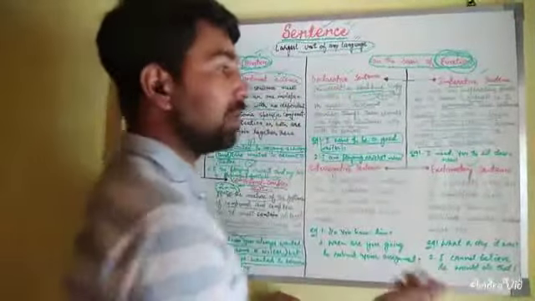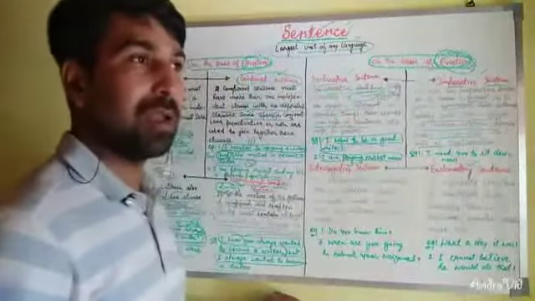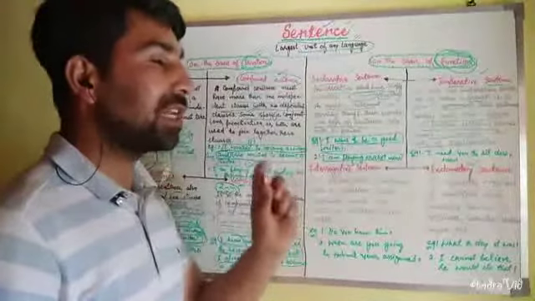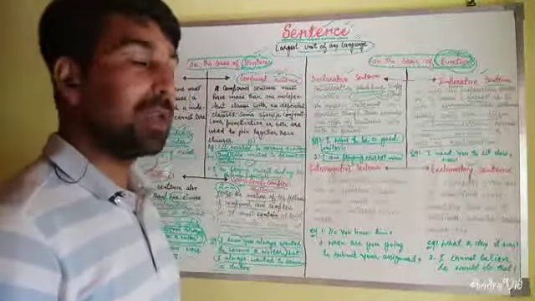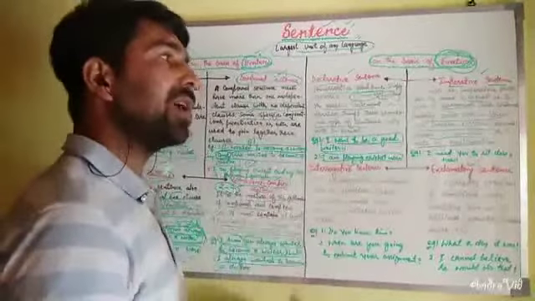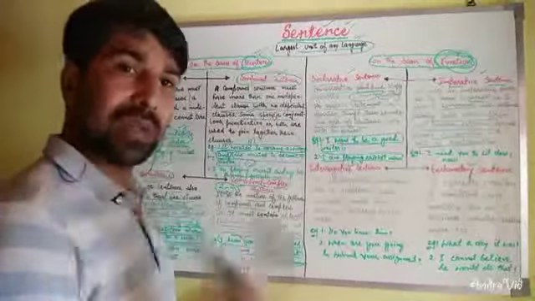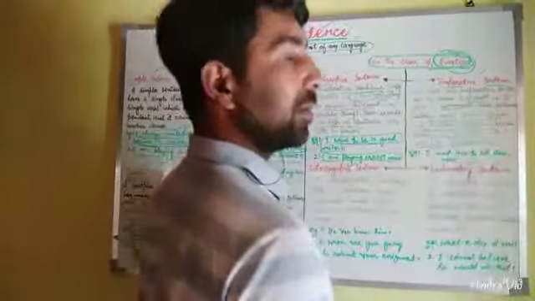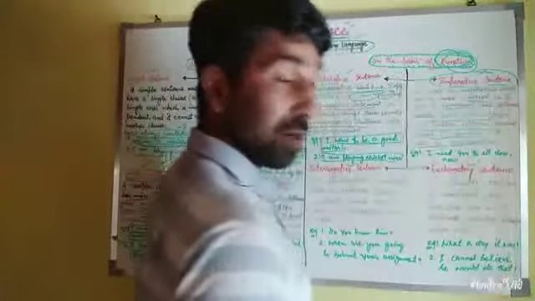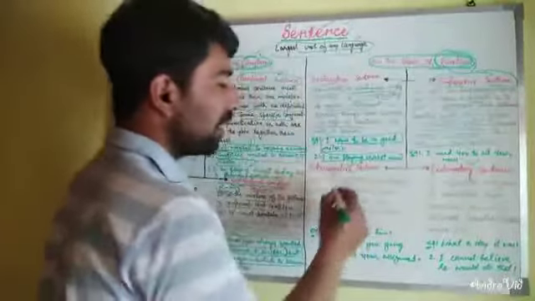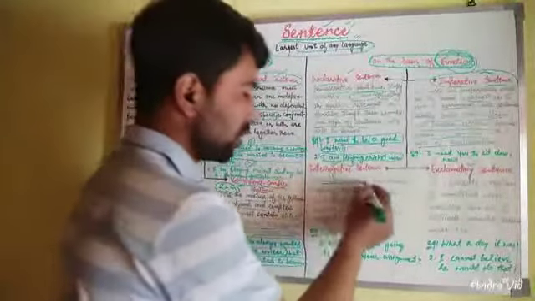Like, "I need you to sit down now." It's a command, that I want you to sit down right now in my office. That means I'm giving a command to somebody. When you are giving a command to somebody, or requesting some person, then you are using an imperative sentence.